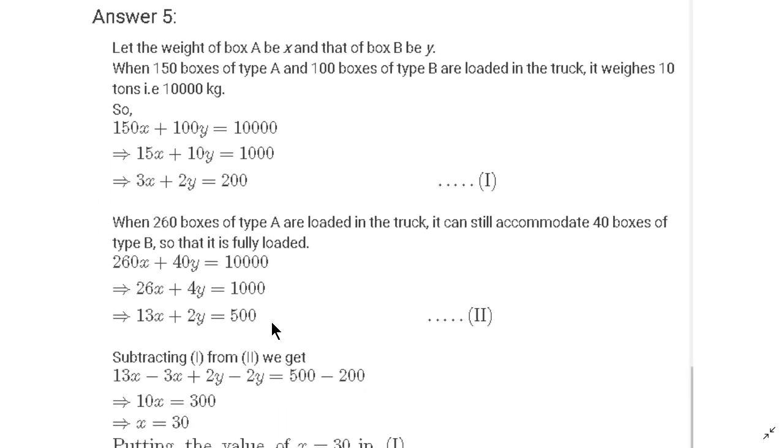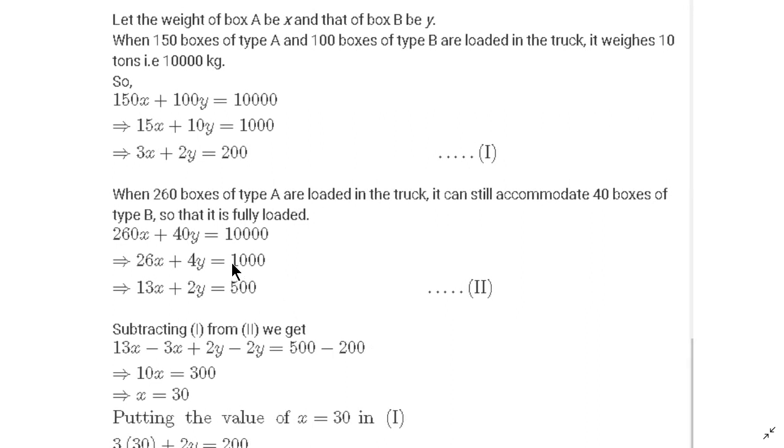So this is another equation we are using. After reducing it, the second condition gives us 13x plus 2y is equal to 500. We can divide by 10 to get 26x plus 4y is equal to 1000, then divide by 2 so that we get the simplified equations number 1 and 2.